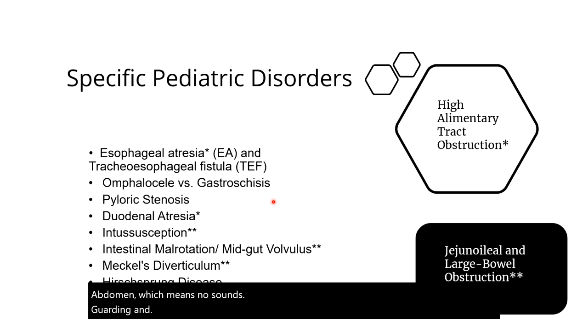We can have esophageal atresia, tracheoesophageal fistula, also those that have to do with the anterior abdominal wall, omphalocele and gastroschisis, pyloric stenosis, duodenal atresia, intussusception, malrotation, midgut volvulus, Meckel diverticulum, Hirschsprung disease, which has to do with the loss of ganglion cells, especially in the colon.